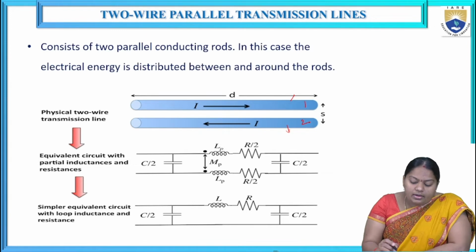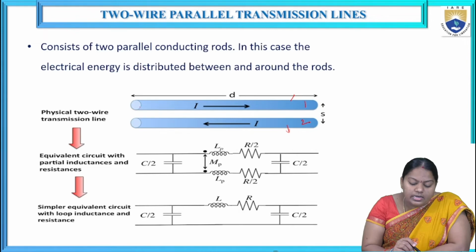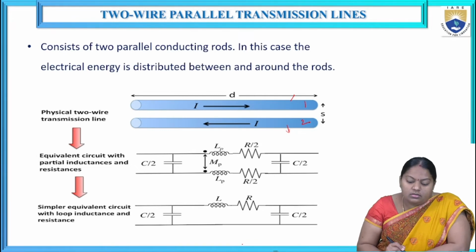The equivalent circuit of this is as follows: the physical two wire transmission line looks like this. The equivalent circuit is represented with partial inductances LP and resistances, and the simple equivalent circuit with loop inductance and resistance is the fundamental transmission line equivalent circuit.